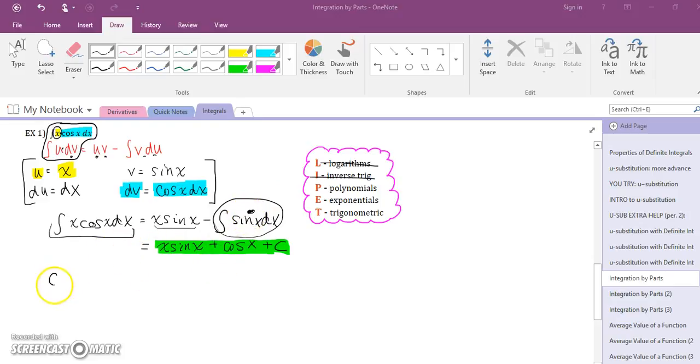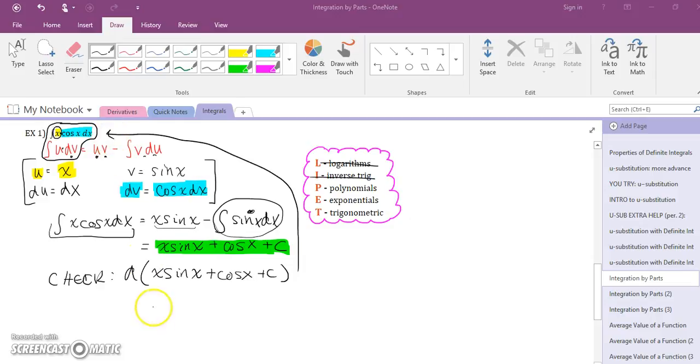Now, let's check our answer so that you can see why this really is undoing the product rule. Let's do the derivative of x sine x plus cosine x plus c and make sure that we end up with the original. So if I do the derivative of this, let's do product rule first here.